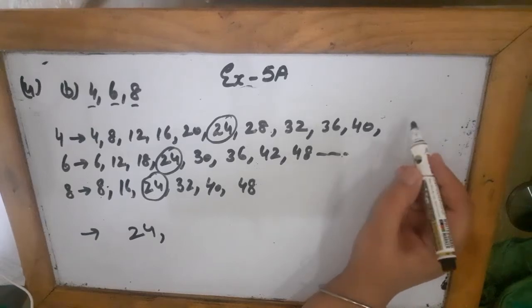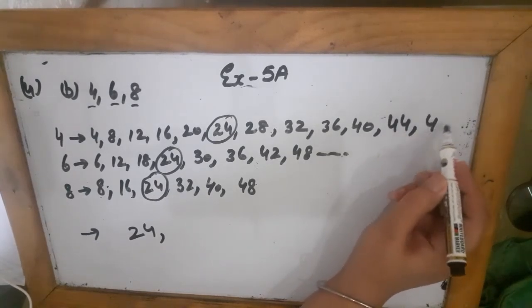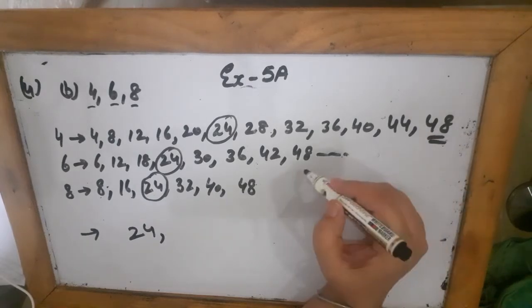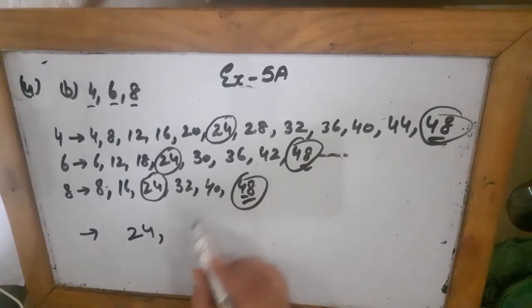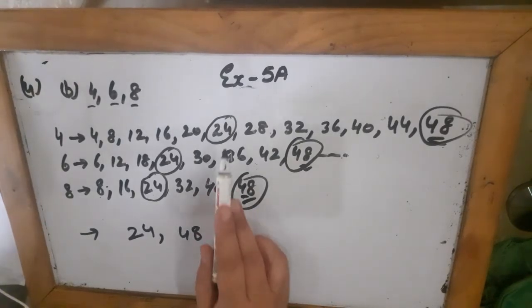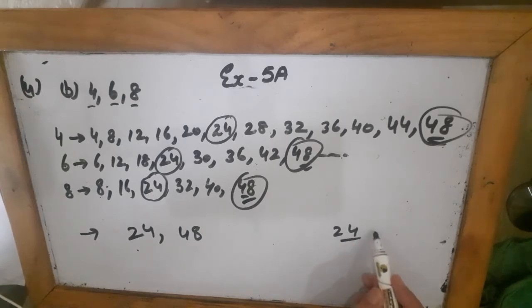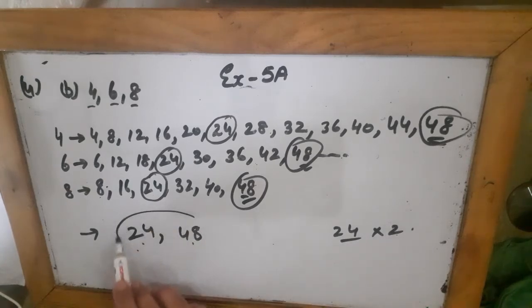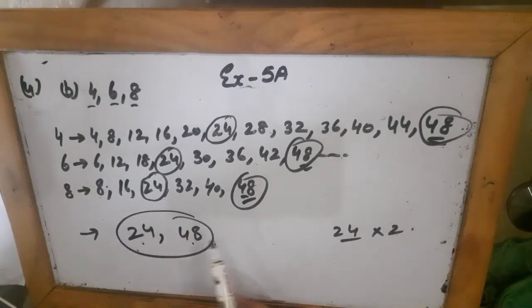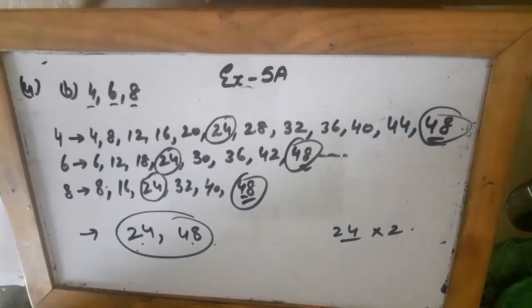So I'll still continue. 4 11s are 44 and 4 12s are 48. Now did I get the next common multiple? Yes, 48. So when I got the first multiple 24, it means the next will be the double of it. So 24 and 48 are the first two common multiples of 4, 6 and 8.